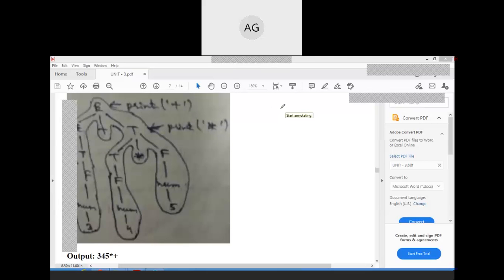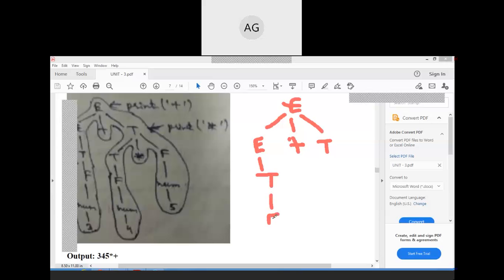The first production is E, and it produces E dash plus T. So we are going to write E dash plus T. After that, we move from E produces T, and after that from T produces F, and from F we get the num value.